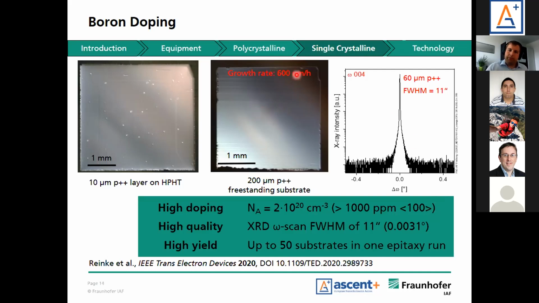So for boron doped growth, we also have rather low growth rates of below 1 micron per hour, but as you see from the XRD scan, we can grow this with very high quality. And here again, we have a large reactor available that can do 50 substrates, maybe even more, depending on how much risk you want to take. You can put in more.